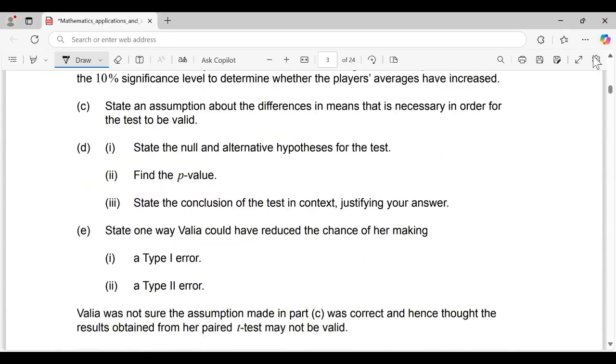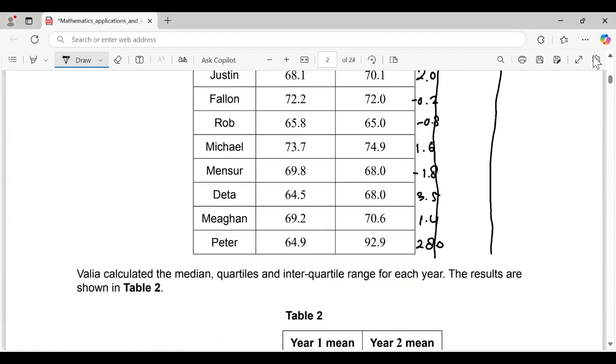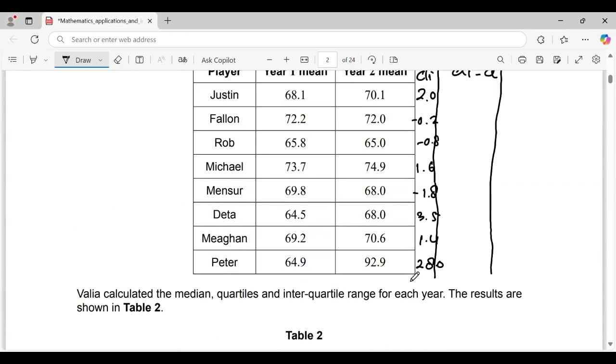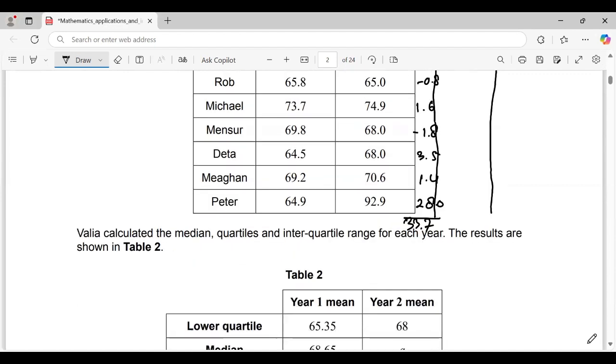The mean of D is the sum of these numbers, plus 28, which is 33.7. If you divide by 8, this number is 4.2125.